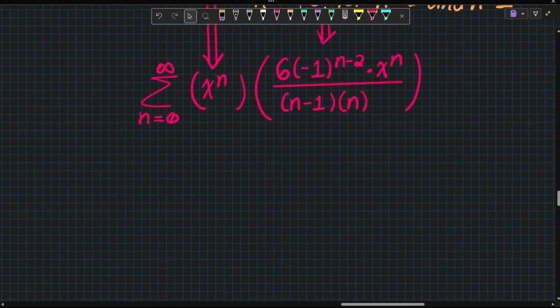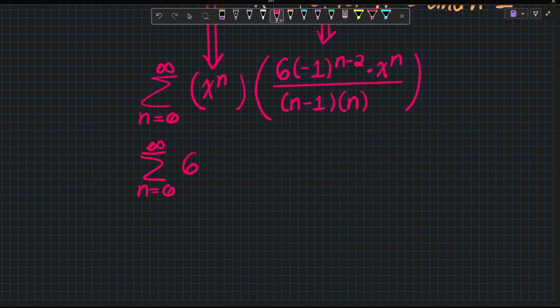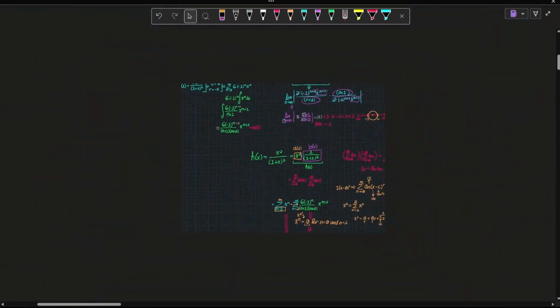Thus we get the final series of n equals 0 to infinity of 6 times -1 to the n minus 2, x to the n, or 2n actually, over n times (n minus 1). Yeah. Now hopefully this makes sense.